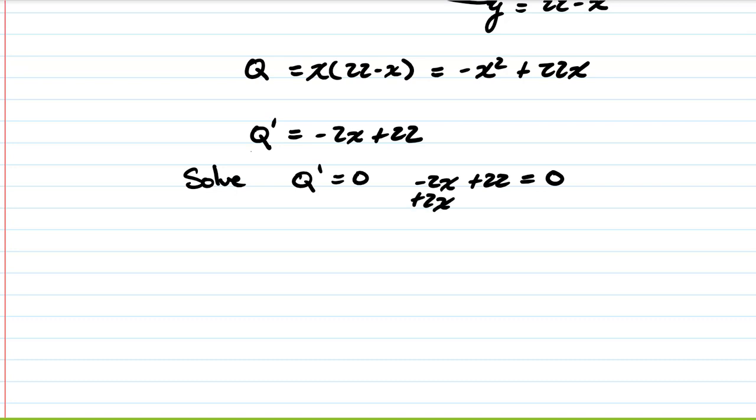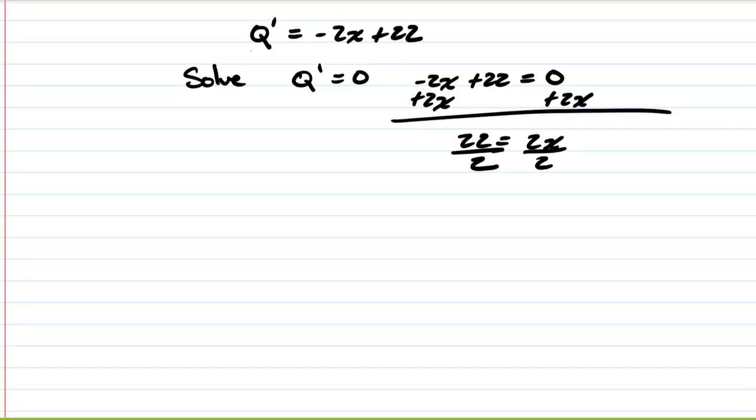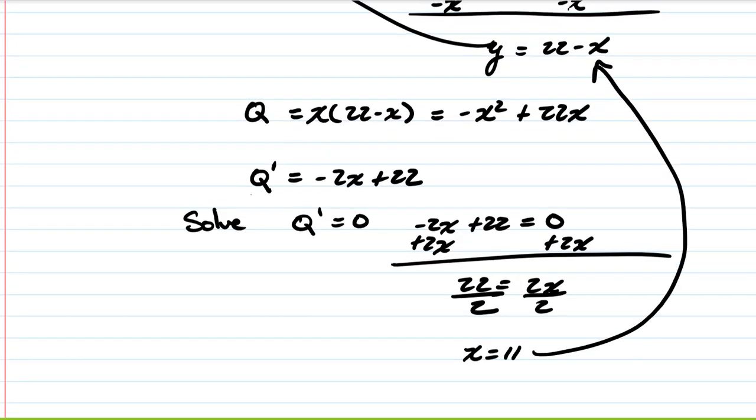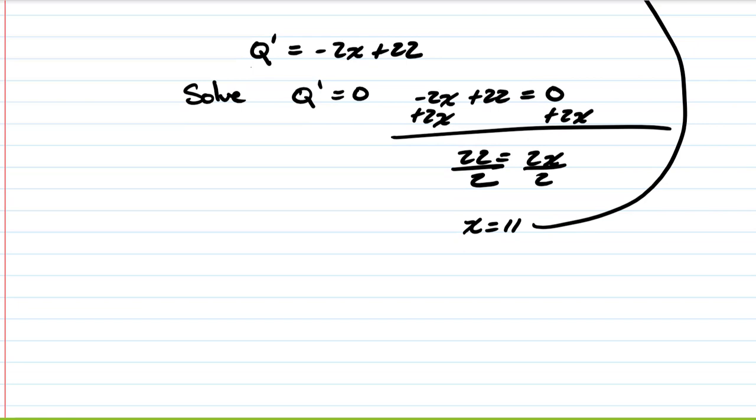We add 2x to both sides, and we get 22 is equal to 2x. We divide by 2, and we end up with x equals 11. Well, if x is equal to 11, I can put that back in here. Then y is equal to 22 minus 11, which is also 11.